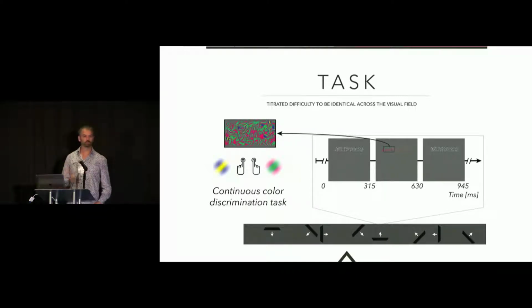So we have separate staircases titrating task difficulty for different eccentricities of the bar position. And that allows us to say that whenever there is a visual stimulus on the screen, people are equally engaged with the task. Right? So in terms of task engagement and stimulus presence in general, you could think of this as a very simple block design fMRI experiment.